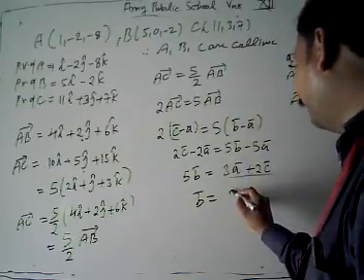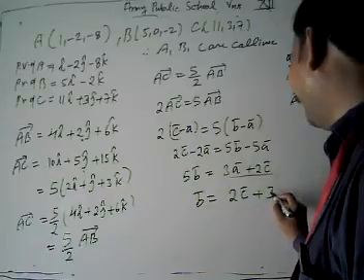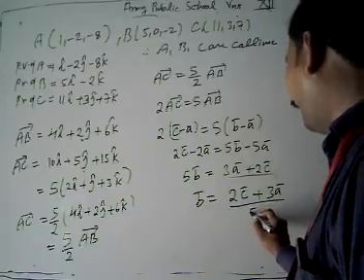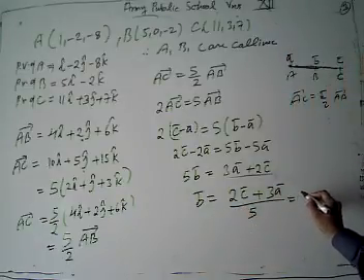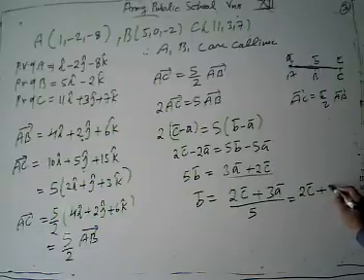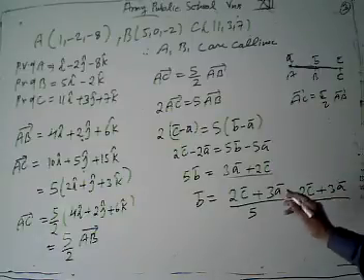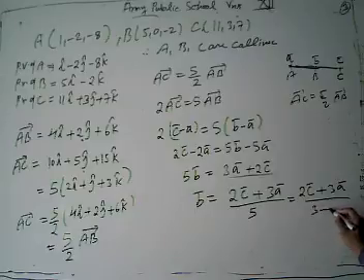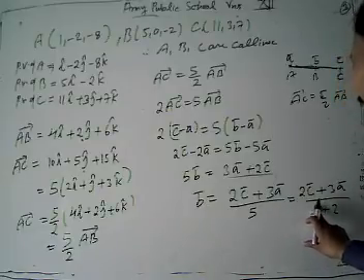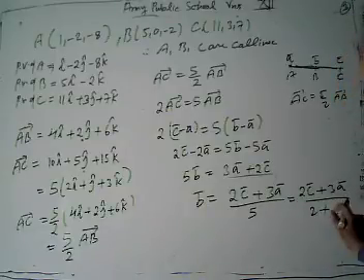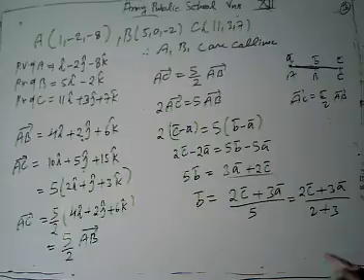We can write 2C plus 3A upon 5, and 5 can be written as 3 plus 2. Now look, what is the ratio we see there? We see that it's divided in the ratio 2 plus 3. Now look, it's divided in the ratio of what?